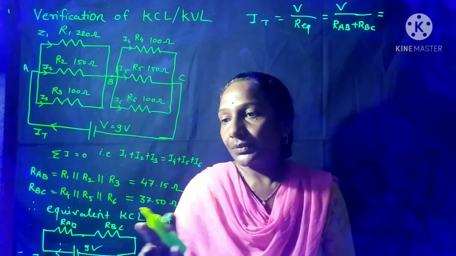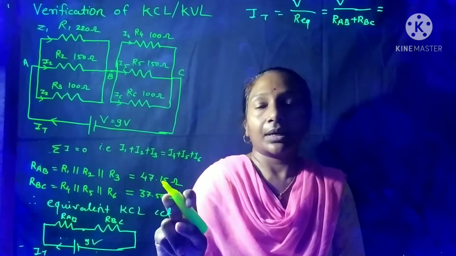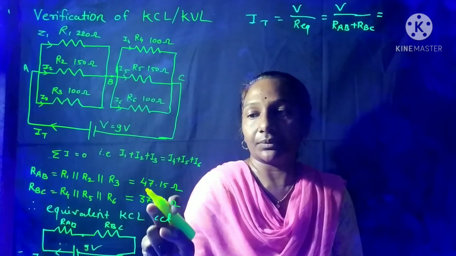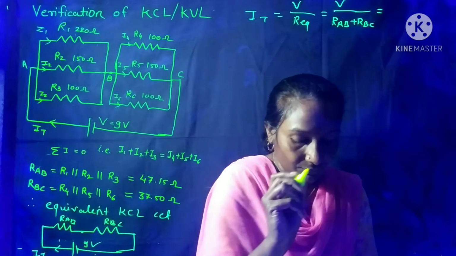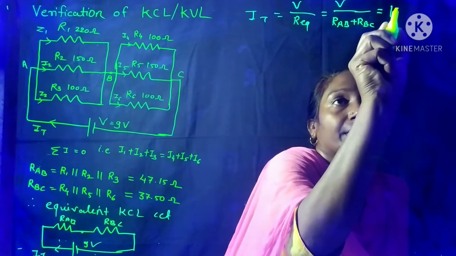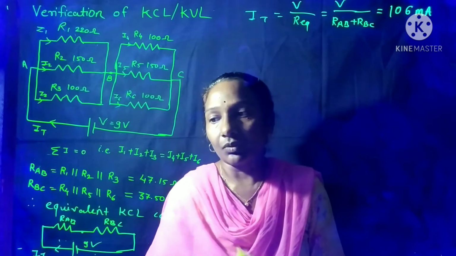Substitute the value of voltage V equal to 9 volt and the values of RAB and RBC. The total current IT is equal to 106 milliampere. This is the total current.